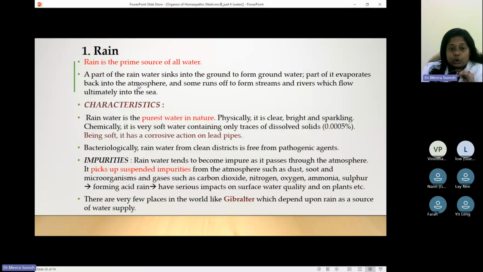So what we see is, though rain is the purest form of water, and we do have many measures to harvest rainwater at the small scale within the household and also at the large scale, it is very soft in nature, and pure, provided the environment through which it passes is also very clean. Otherwise, it is very dangerous.